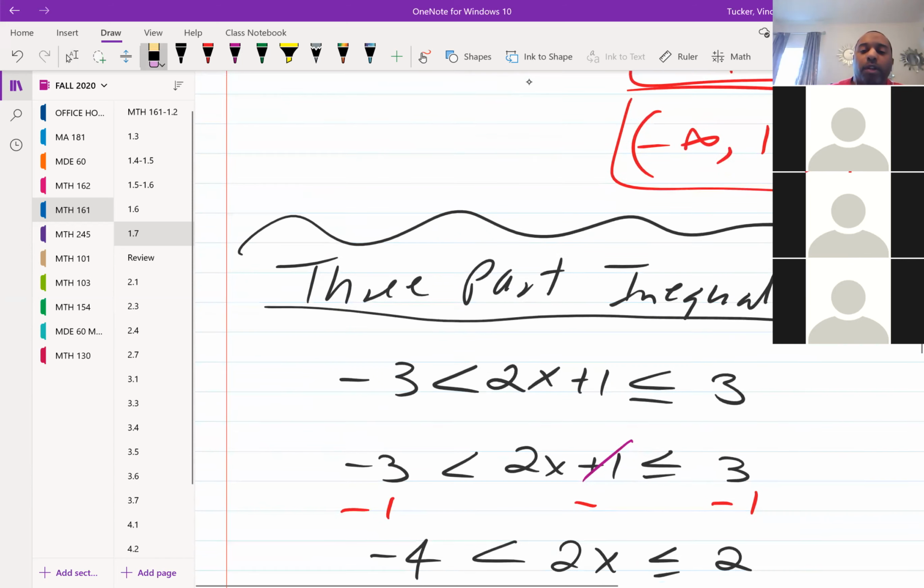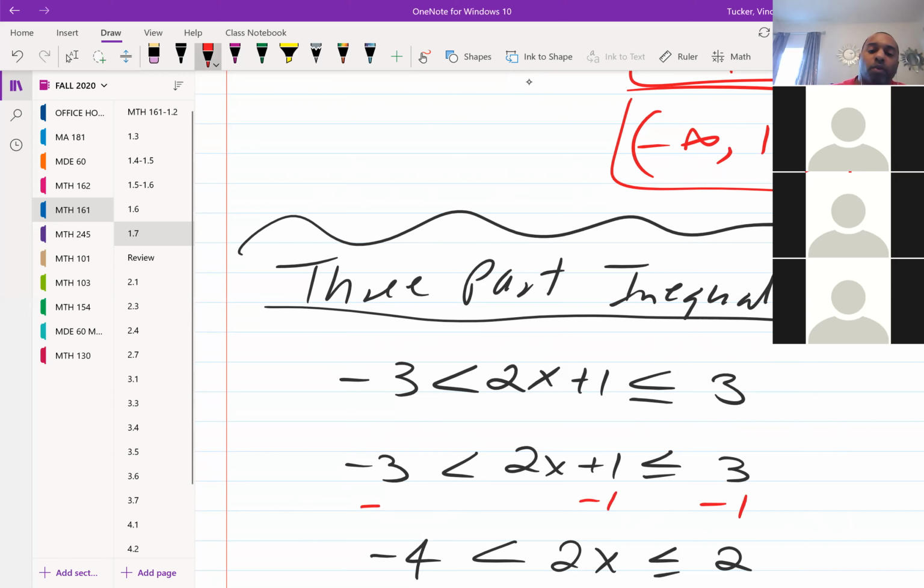Here we have a 3-part inequality. That's what those last 4 rows in that chart yielded to us. We want to solve for x. We want x to be by itself in the middle. If this wasn't here, you would just subtract 1 from both sides.